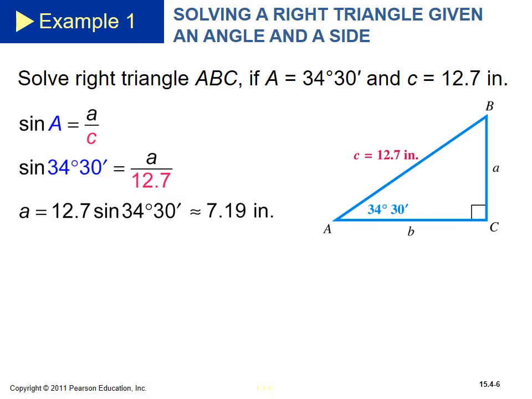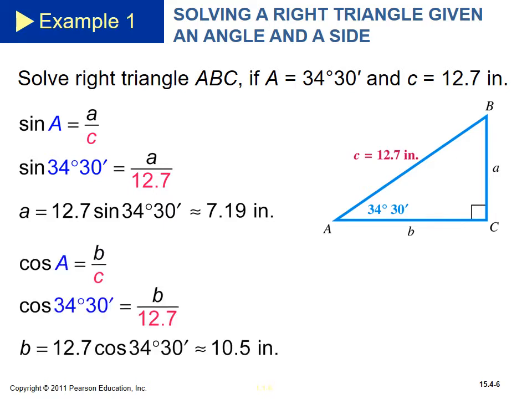Basically you would multiply each side by 12.7 and get 12.7 times the sine of 34 degrees 30 minutes, approximately 7.19 inches. Then the cosine of A is equal to b over c, so cosine of 34 degrees 30 minutes is equal to b over 12.7. Multiply 12.7 by each side, and end up with approximately 10.5 inches.